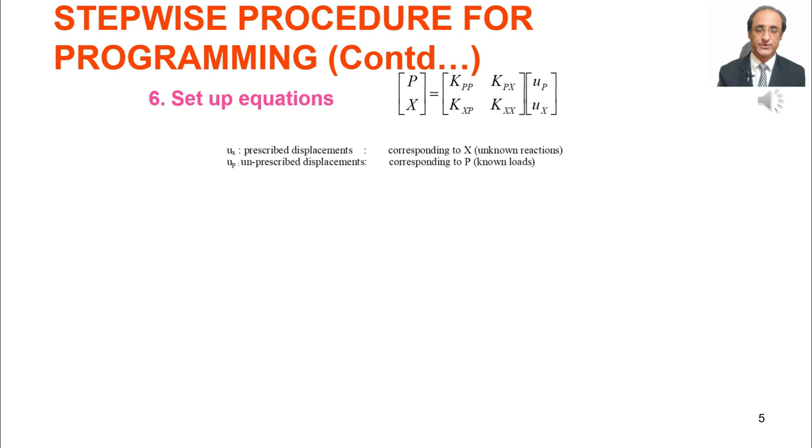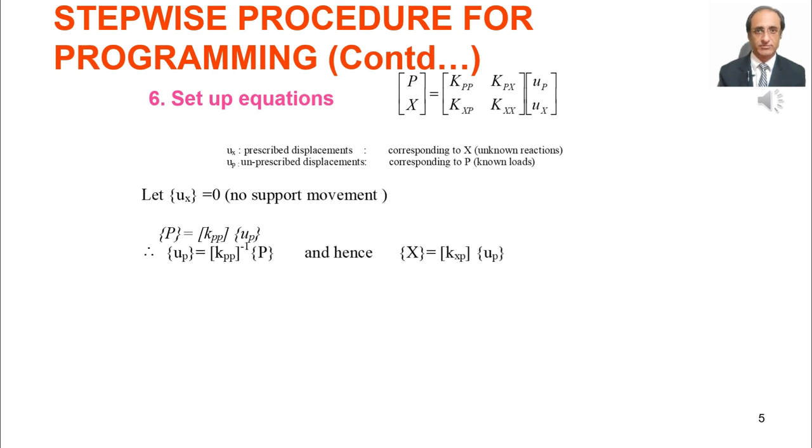So we have on the right hand side the unknown displacements UP and UX, the known are the prescribed displacements. They could be either 0 or they could have a fixed value in the case of support settlements. So let's first consider the case that there is no support settlement, so the prescribed displacements are all 0.